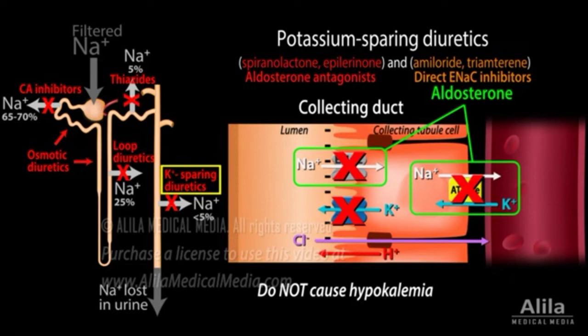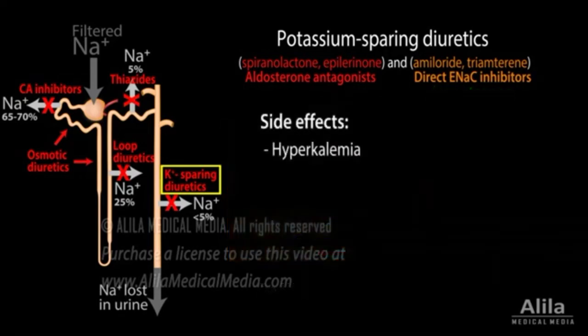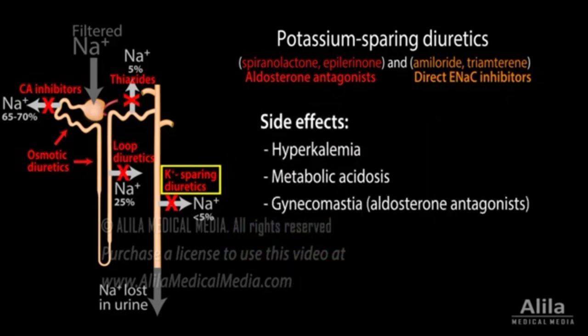Because the collecting duct reabsorbs only a small amount of sodium, this class of drugs has only a mild diuretic effect. They are commonly used in conjunction with thiazide or loop diuretics to prevent hypokalemia. Side effects include hyperkalemia, metabolic acidosis, and effects associated with inhibition of aldosterone.